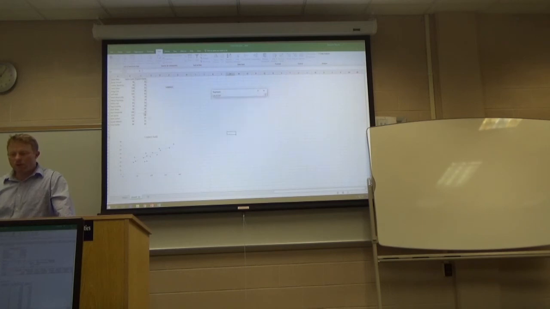Copiers sold is dependent on the number of sales calls I make, isn't it? And then my X range is what? Sales calls, very good. Do I have my labels? Yes, I do. Let's skip on down. Where do I want to output this? Make sure you have plenty of space for it because it's kind of big. All right, I2. And then after that, I want to show you these.